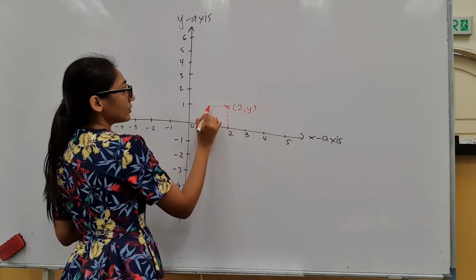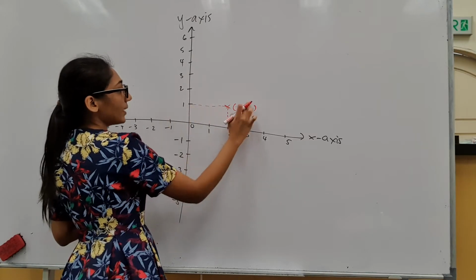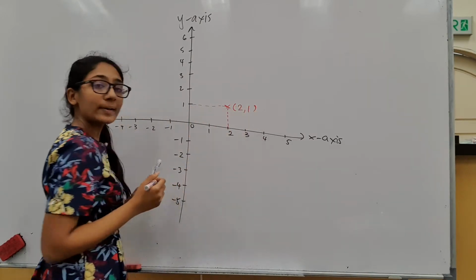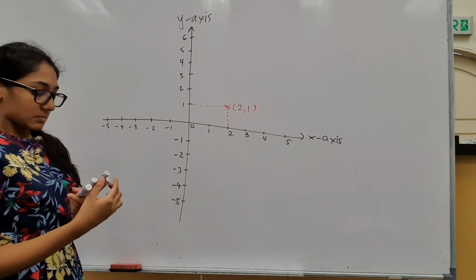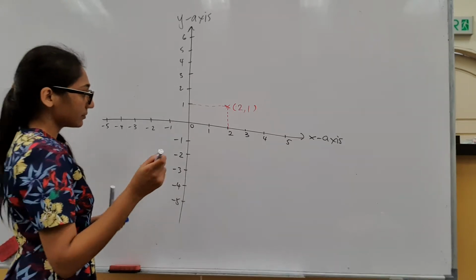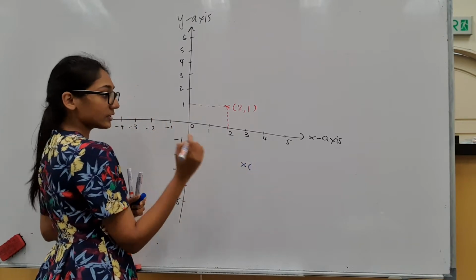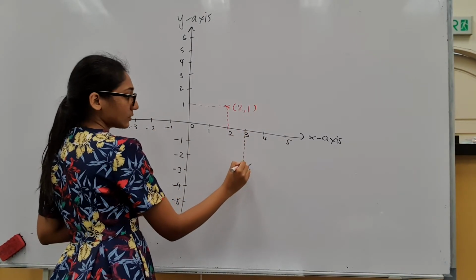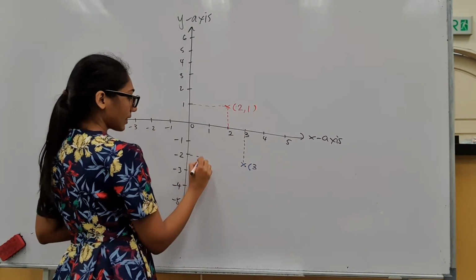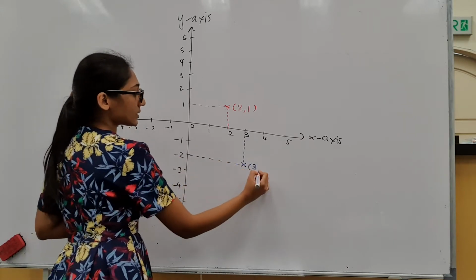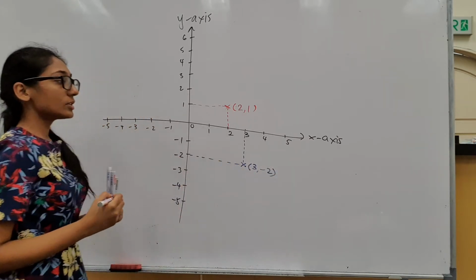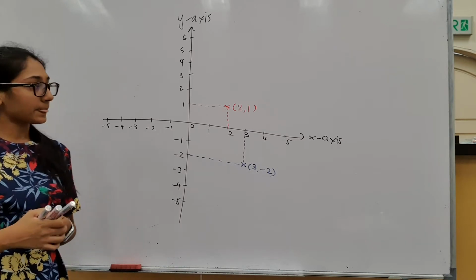And the y value on the y-axis corresponds to 1. So 1. Let's say I have another point, let's say here. Again, x comes first. So the x value is 3 and the y value is -2. So this is how I write points. Okay?